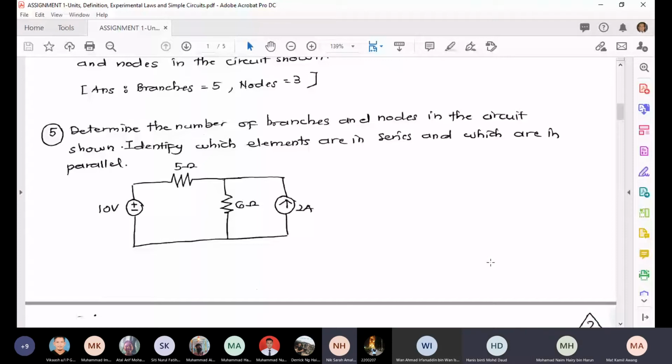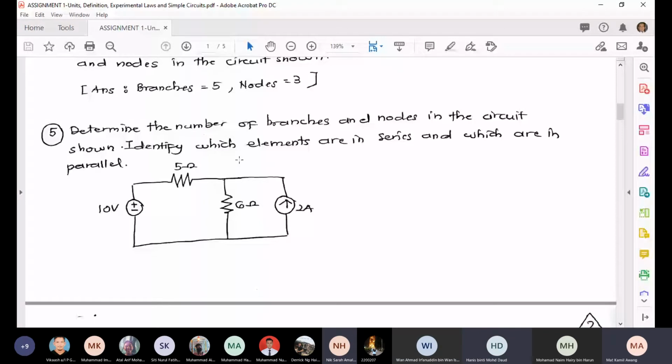In this case, you have 4 elements, therefore 4 branches. How many nodes do you have? 3 nodes.